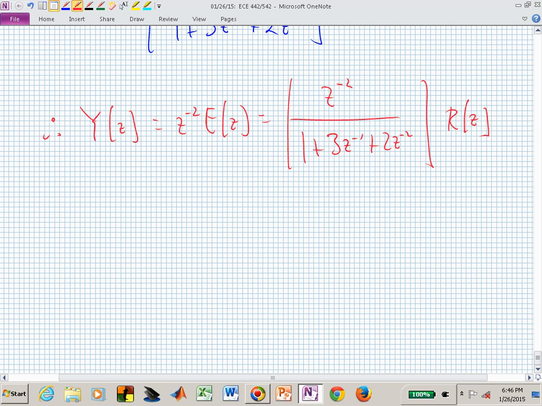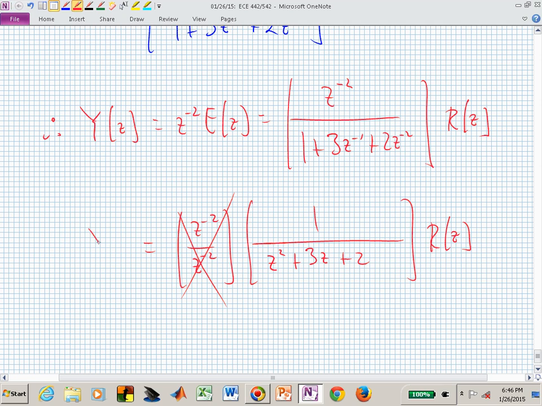I can factor that out, a common z to the minus 2. If you bear with me here, I'll be finished shortly. Now I have 1 upstairs. I have z squared plus 3z plus 2 downstairs. Those go away. That's just 1.